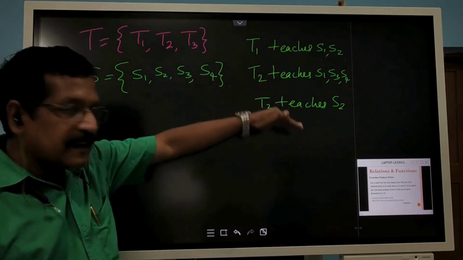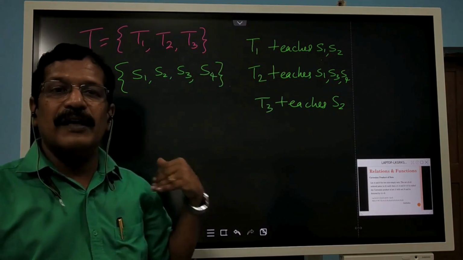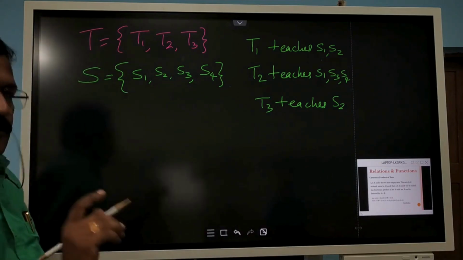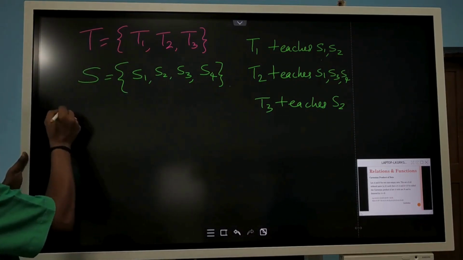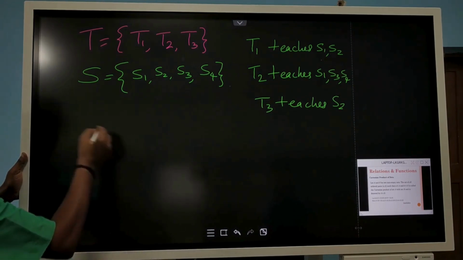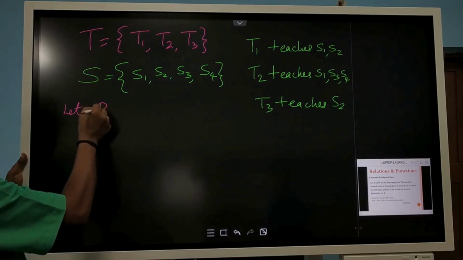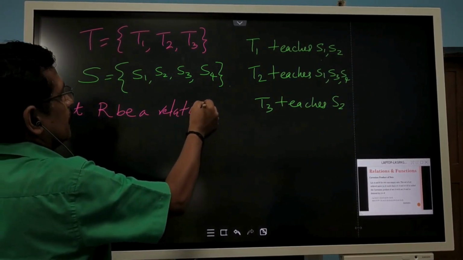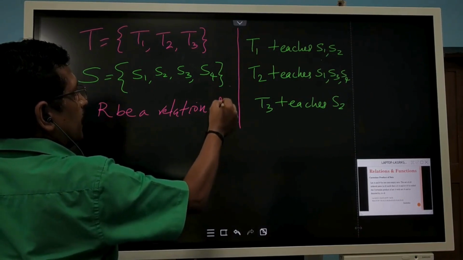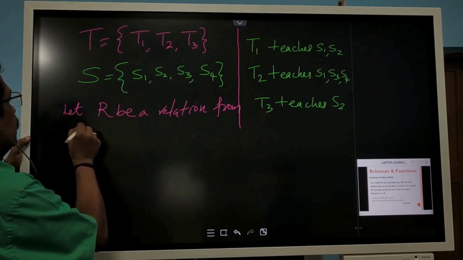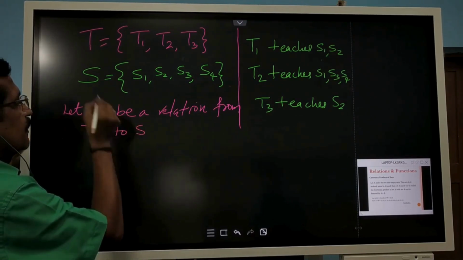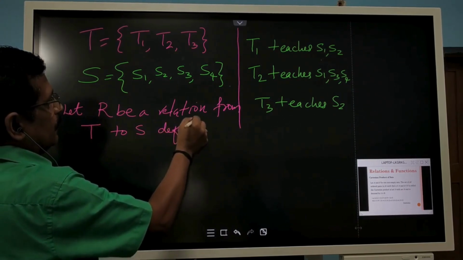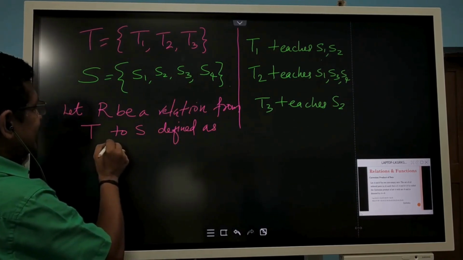The information given here, now I am putting it into set form, roster form. So let R be a relation from T to S, defined as teachers.